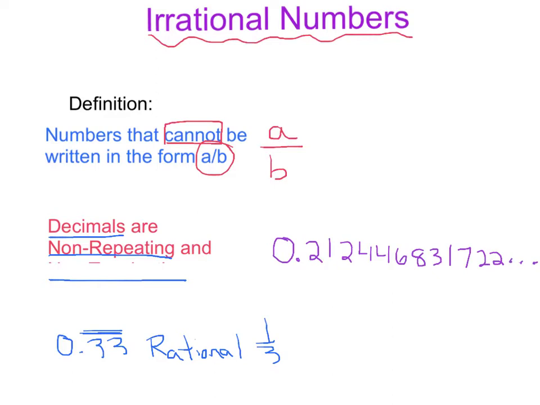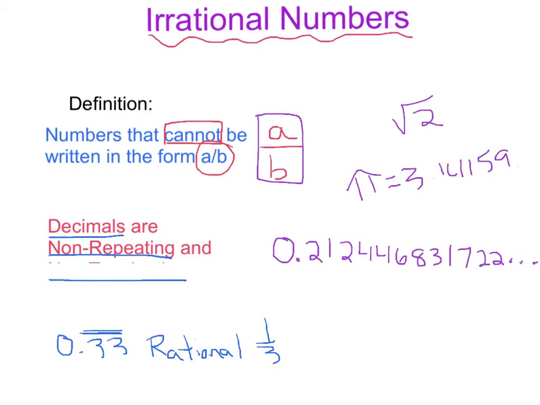There's no way to write it as a fraction. And then two other famous examples would be the square root of 2 or pi, because we all know pi, 3.14159, and that keeps going on and on forever, and there's no repetition to the decimal, so it is irrational.